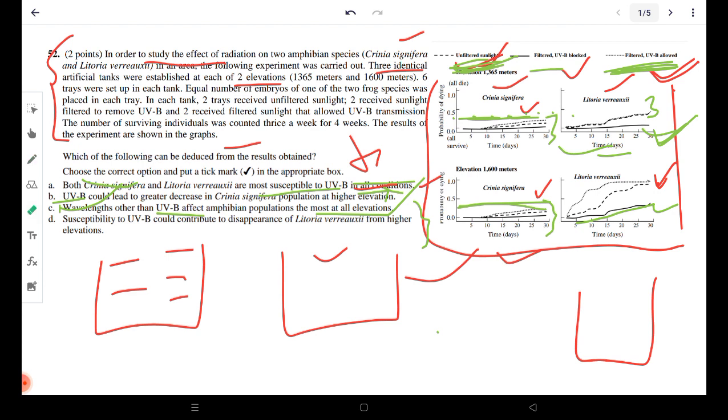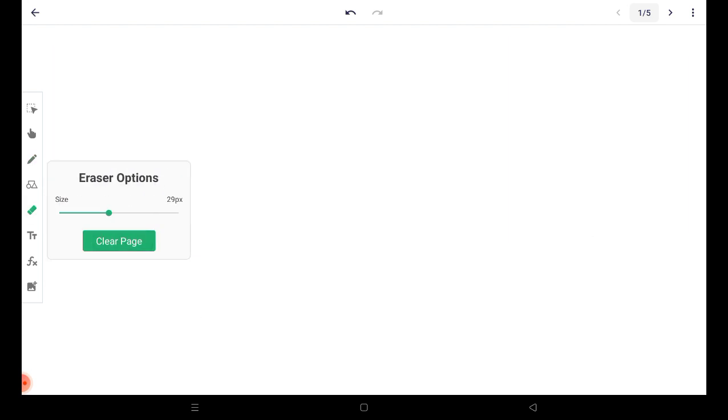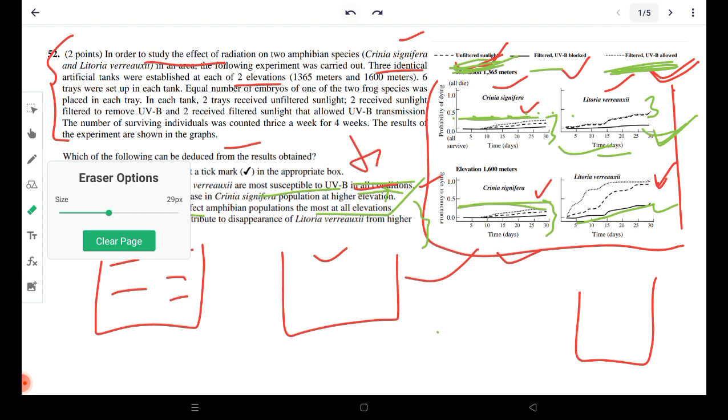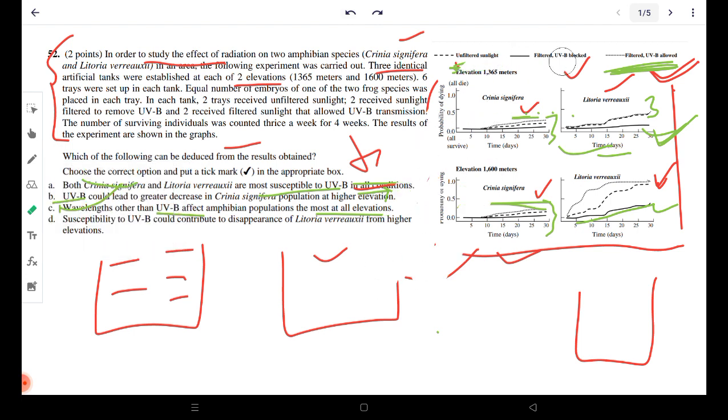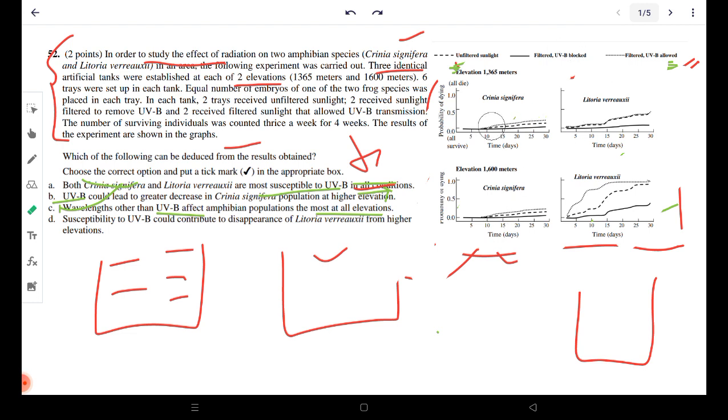Comparing these two graphs, see, at higher elevation this line represents the filtered with UVB high concentration. So this is affecting more organisms as compared to the first, which is at lower elevation. So this option is right.